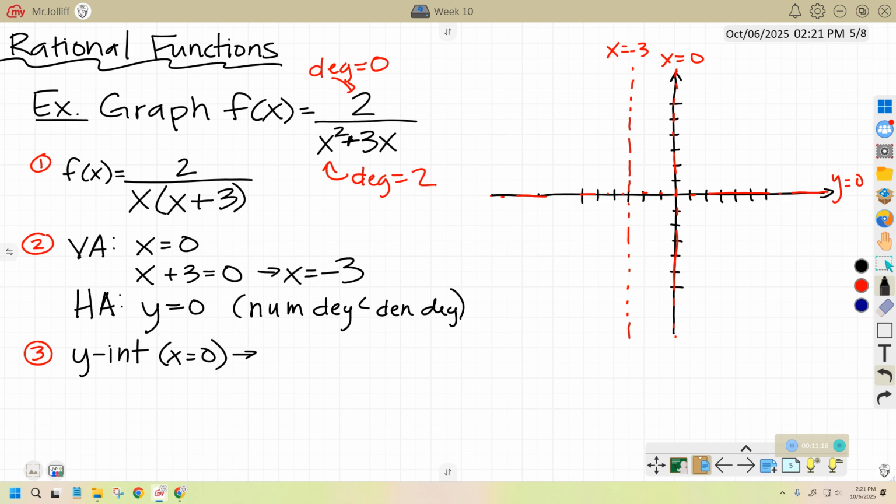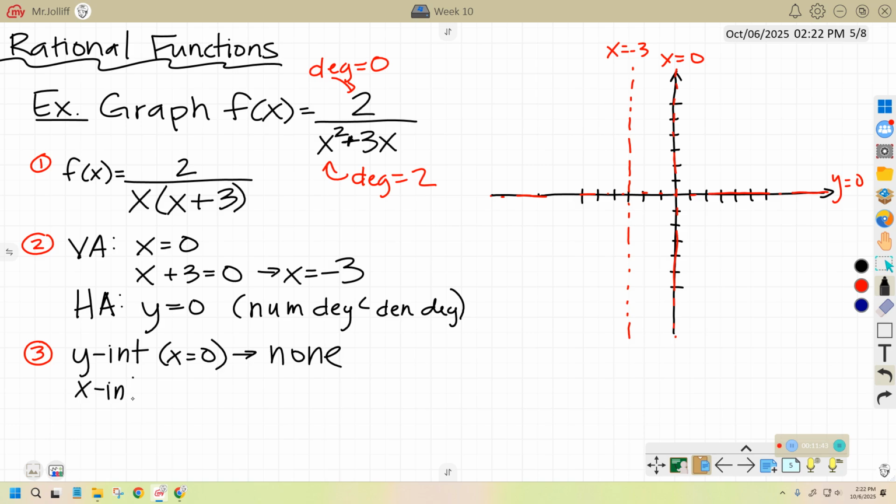So if I plug in x equals 0, what's my denominator? If x is 0, 0. Am I allowed to divide by 0? No, that means I don't have any. Not allowed to divide by 0. There are none. I can see there are none because I have an asymptote on that axis, meaning I shouldn't touch it.